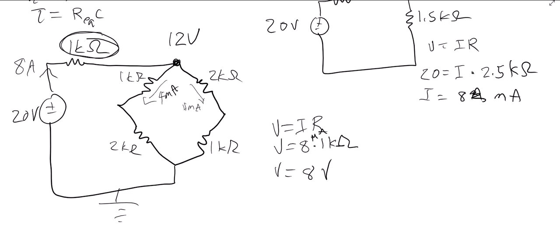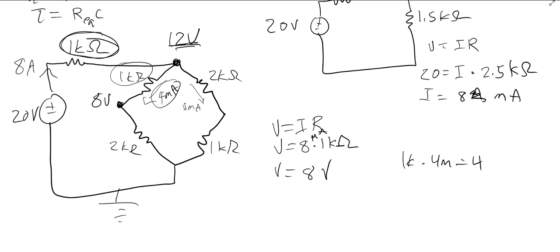So as my 4 milliamps go across the 1 kilo ohm resistor, our voltage is going to drop by 4. So 1K times 4 milli equals 4. So we have 8 volts right here. It was 12 minus 4.